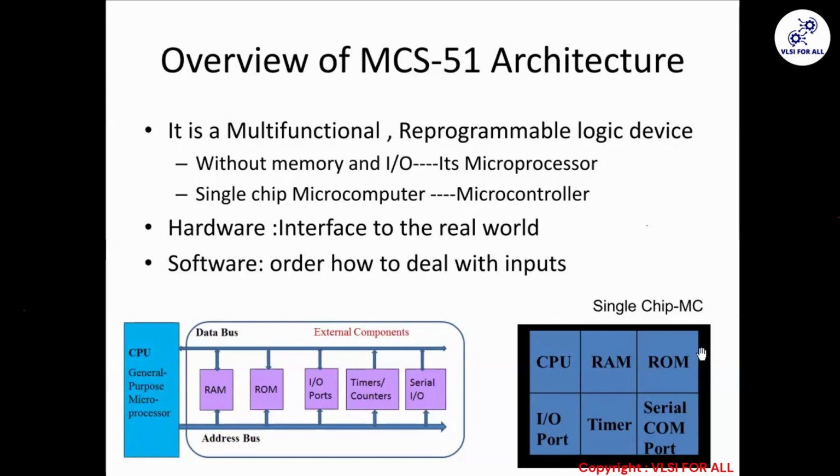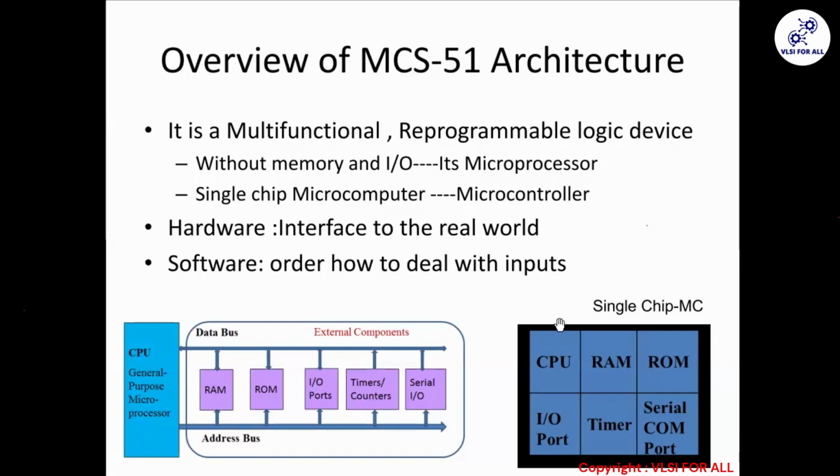Whereas in case of the microcontroller, we are targeting it so that it will work for specific applications. As we are using it in separate systems or embedded systems for some particular application, we don't need it to be very much general purpose.